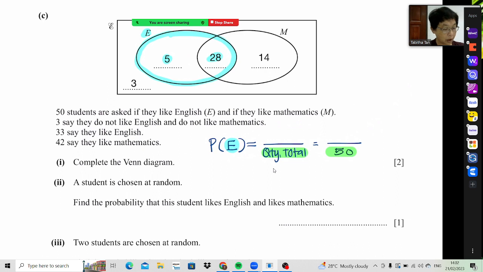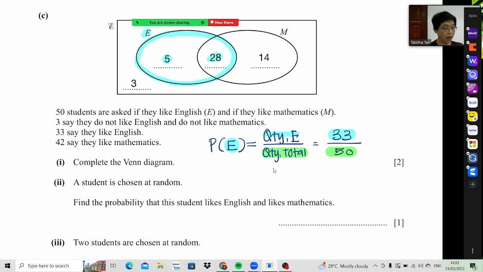The numerator will be the quantity of English, and 28 plus 5 gives 33, and that is the fraction. That is the probability of the chance to pick one student from the crowd of 50, and that it turns out that student who was chosen likes English. So that is the basic concept about probability.